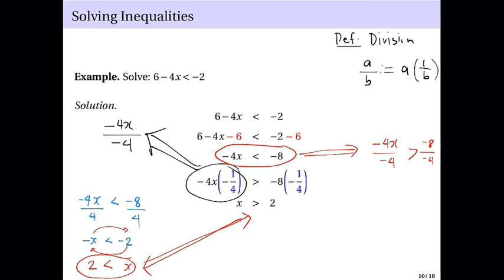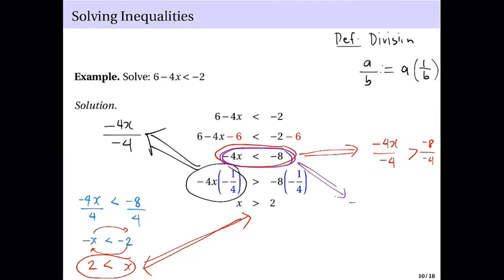Now, there are some students who do this. Say, from this part here, they divide by -4 and they don't change the inequality.